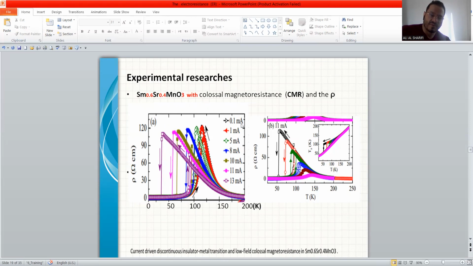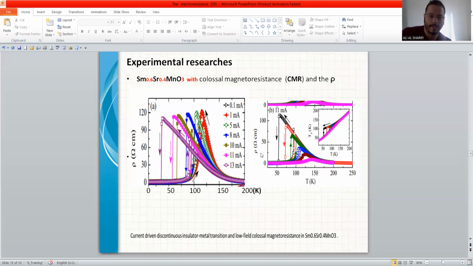Let's start from the black one from here, and after that the red one, the green one, and keep going toward 0 Kelvin. In all of these, warming and cooling, we have a huge distance of hysteresis phenomena. And when applying one amount of current, 11 microampere, we have two hysteresis phenomena.